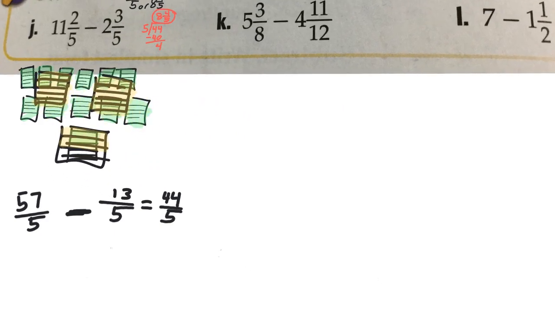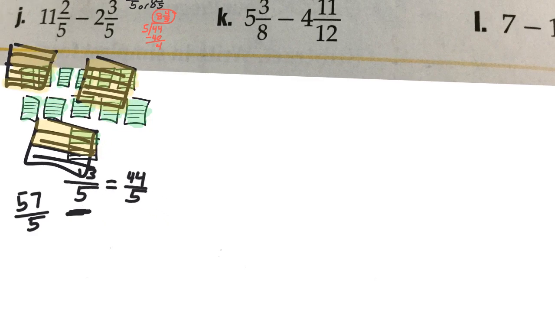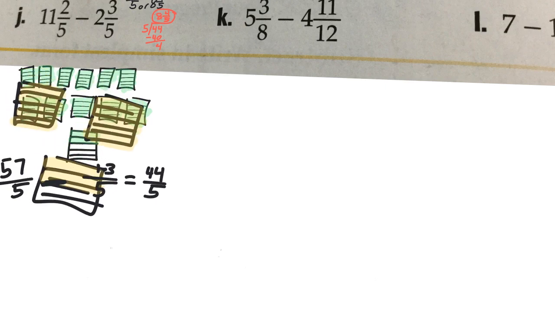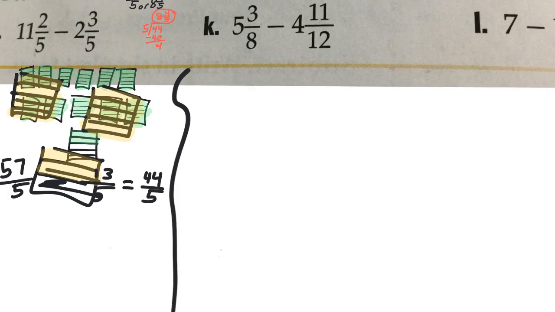Okay, what about K? Anybody think they got K? Okay, let's do K. So what would be my common denominator? If you don't remember how to get that, remember we list the multiples.